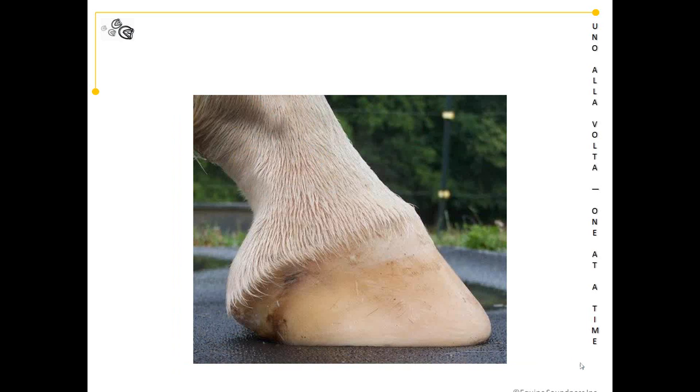In a white hoof it's a little bit more difficult, but here we have a hairline that starts to rise and then flattens out, usually indicating that the coffin bone is not quite where we like it to be.